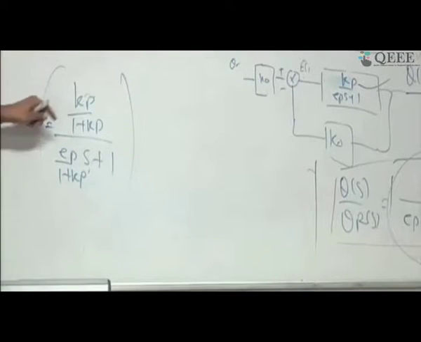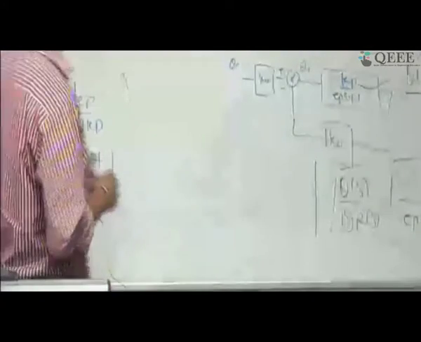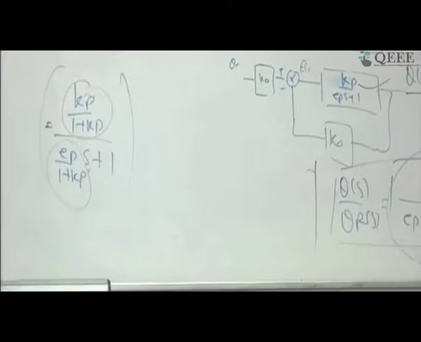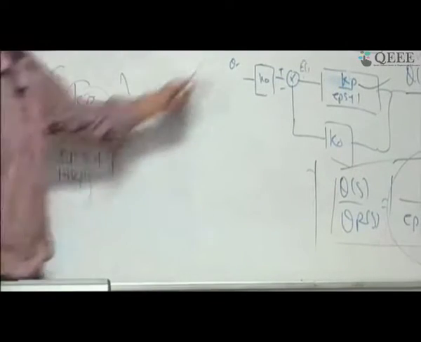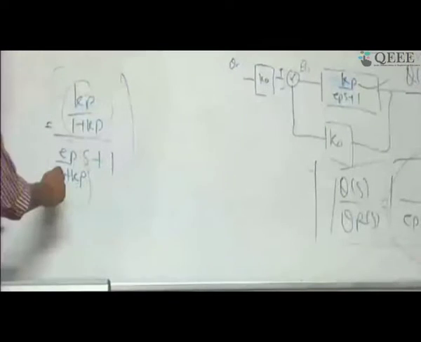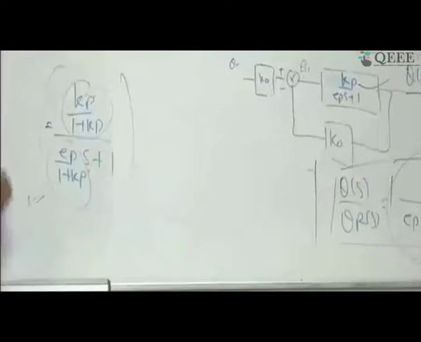This is the standard way of writing your first order system, meaning this is your gain and this is your time constant. Now look at it. If you increase the Kp, the time constant is coming down. It means your system is becoming faster and faster. That's the advantage. Can you see that if I add a proportional controller and keep on increasing the K, the time constant is coming down?